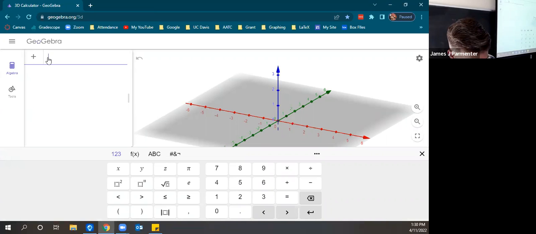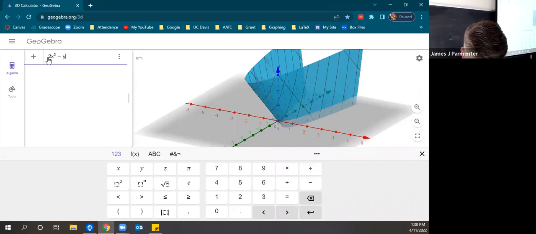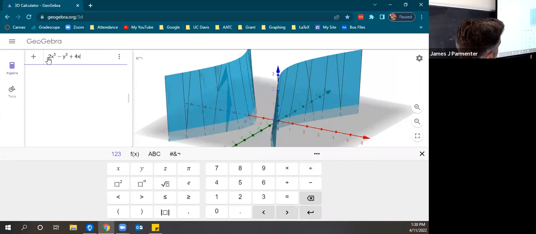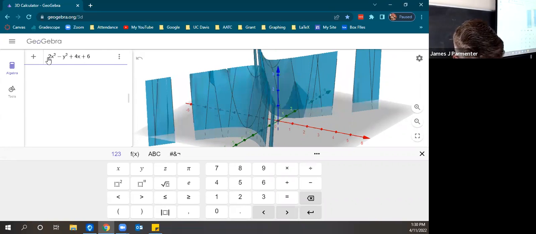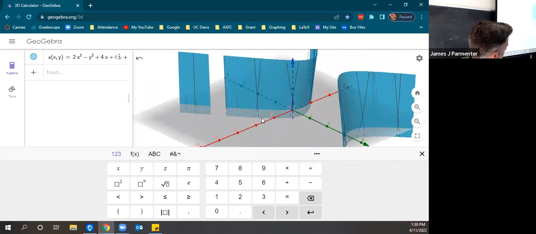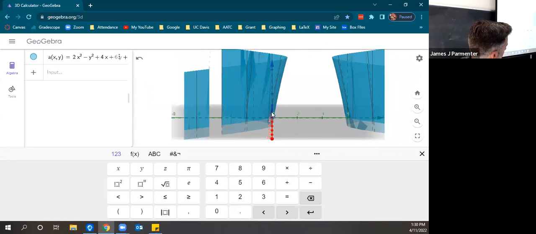So if we graph this, 2x squared minus y squared, and then plus 4x plus 6y plus 1. Oh, it looks funky. So if you scroll, you can zoom out a little bit.